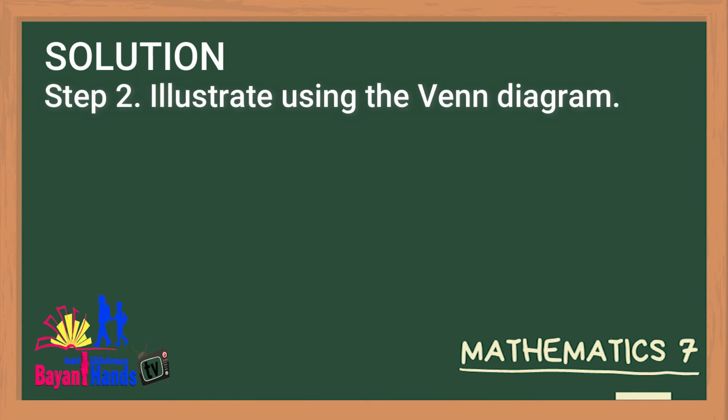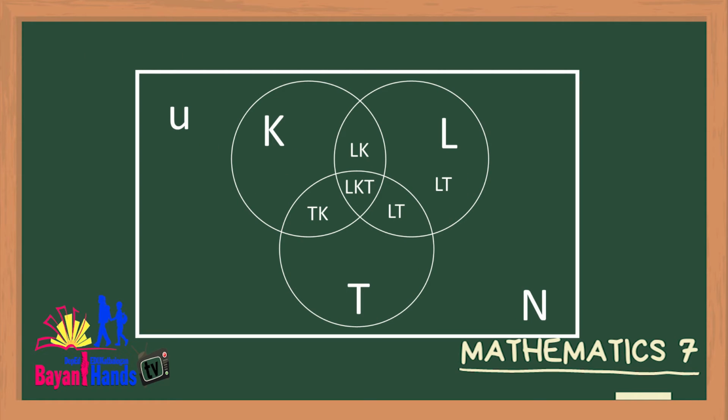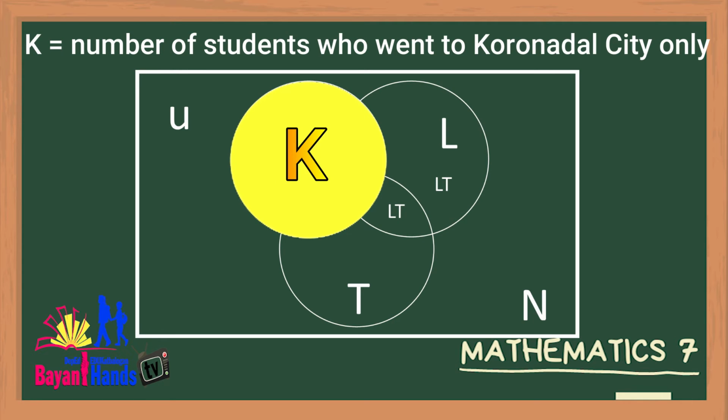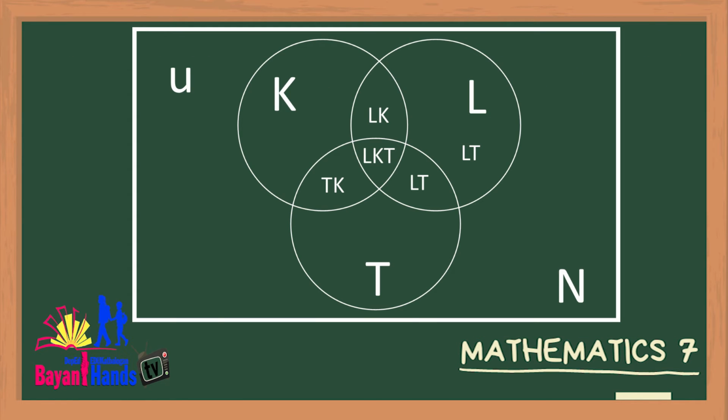In this step 2, you can see the initials of the 3 destinations. L for Lake Cebu, K for Siok Falls in Coronadal City, and T for Tupi. 2 or 3 letter combinations that you see in the Venn diagram denote that more than one destination is toured by a certain number of students.